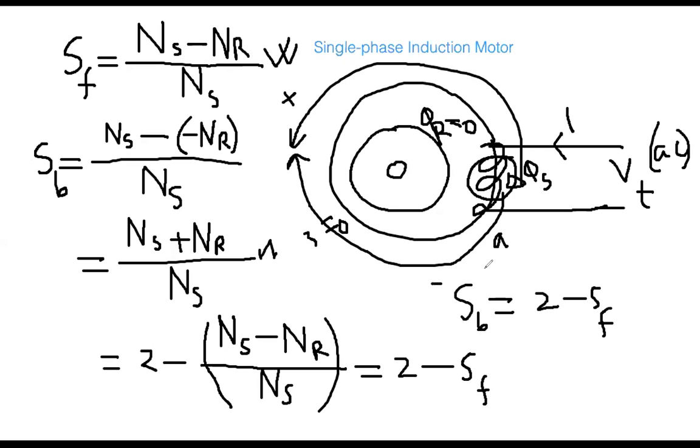Everybody please note this down. So SF, and then SB equals 2 minus SF. Today we will be solving a numerical problem, and at that time you will need this equation. Everybody, do you get me? Could you follow me?